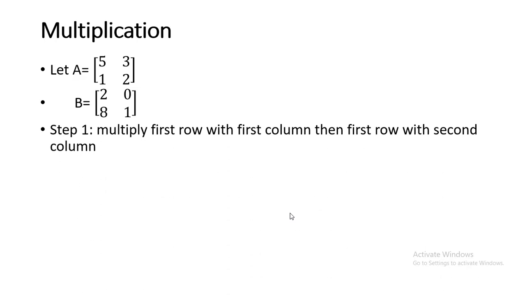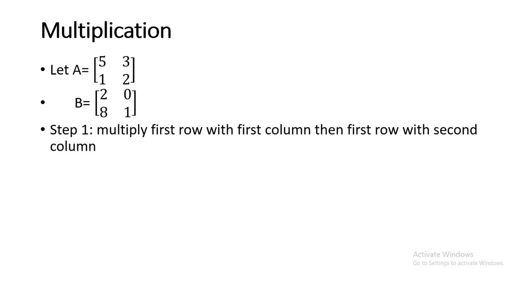The first step is to multiply the first row with the first column, then the first row with the second column. When you're multiplying two matrices together, you can see that there are 2 rows and 2 columns. The dimension of the matrix is the same in this case. So how do we multiply these types of matrices?